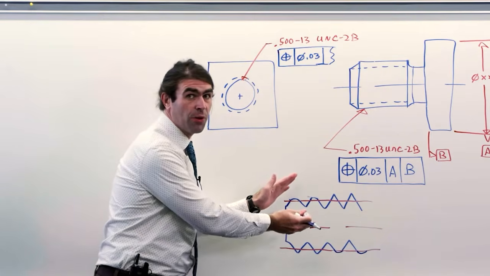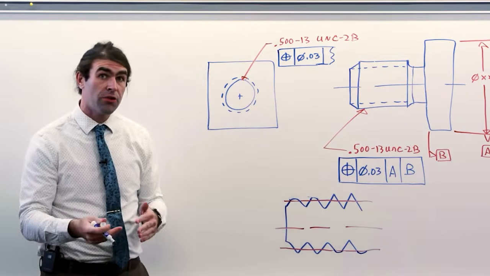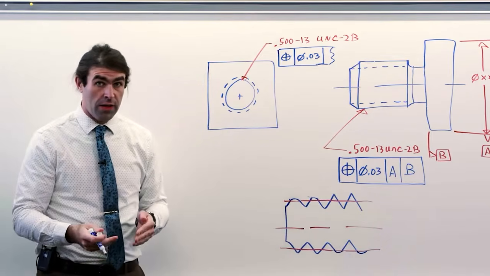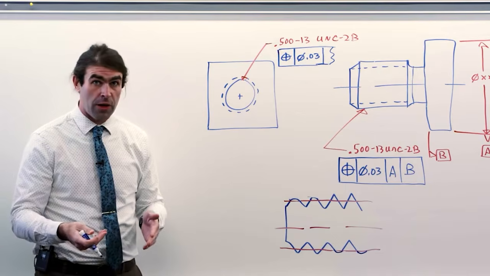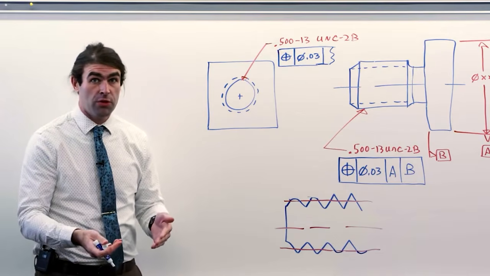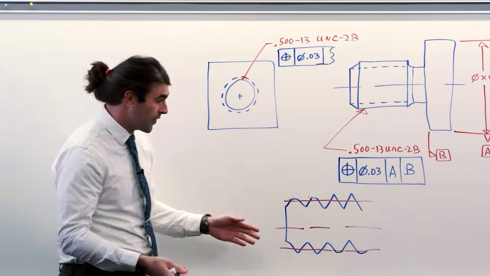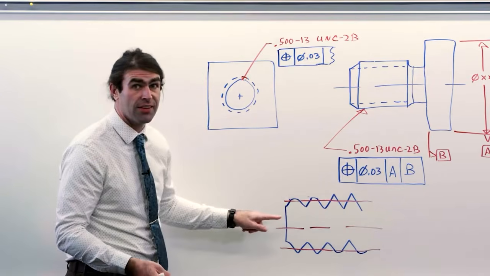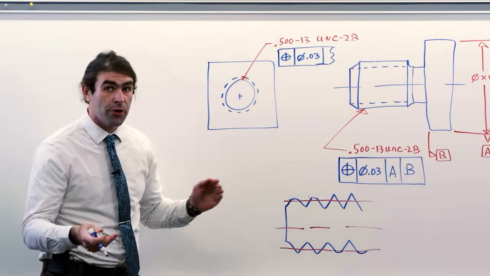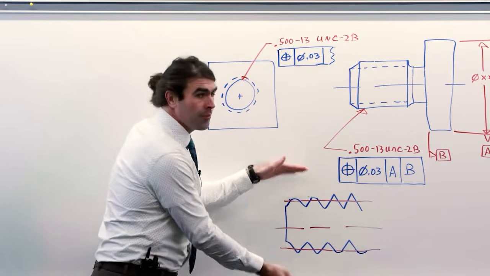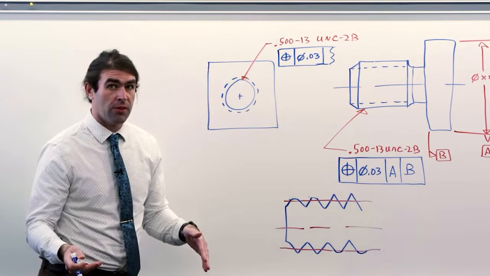It'd tend to tilt a little bit, right? So the major diameter doesn't always locate threads very well. But it's much easier to inspect, right? To find what the axis of this feature is. If you're looking at the major diameter, you just clamp it in a chuck or a V-block or something.